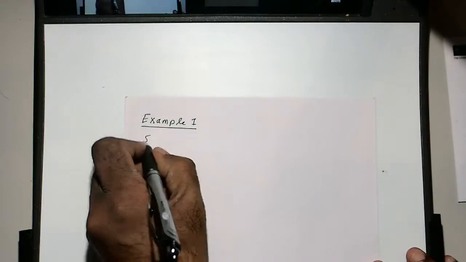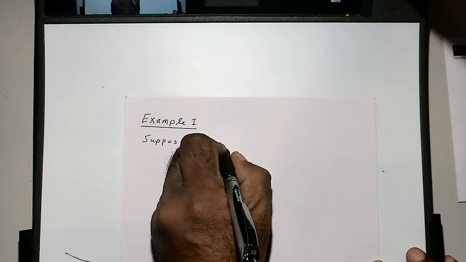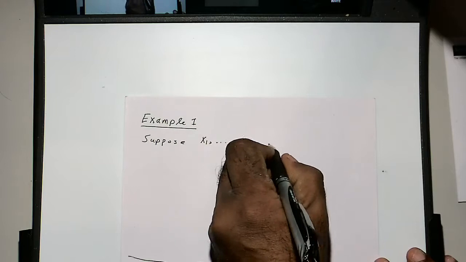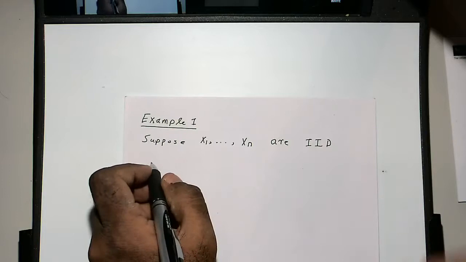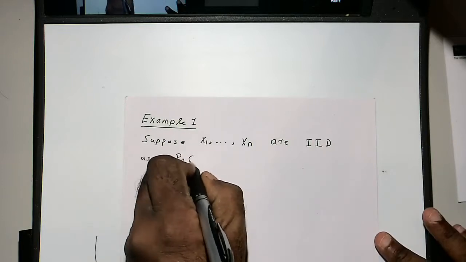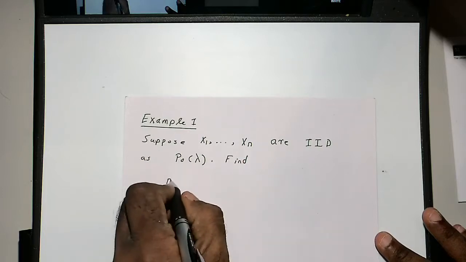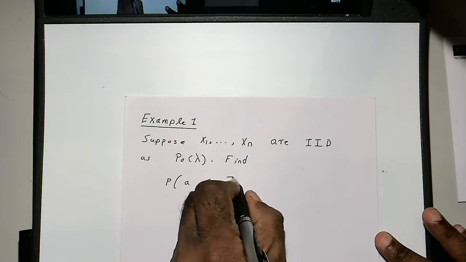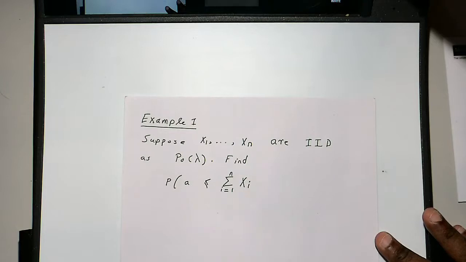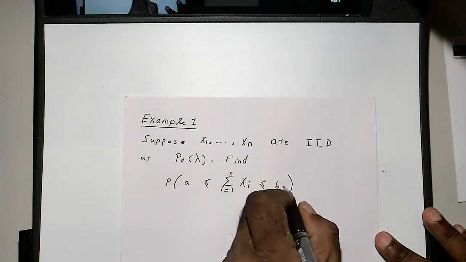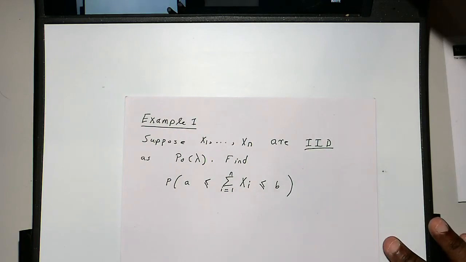So suppose the X_i are IID, by the way, if you don't know what IID is, IID means independent and identically distributed, right?